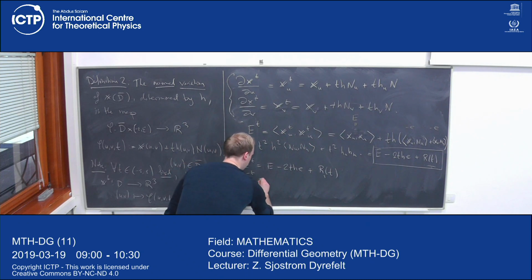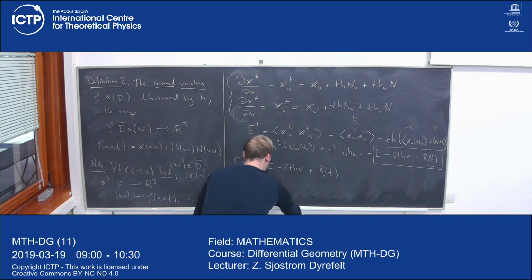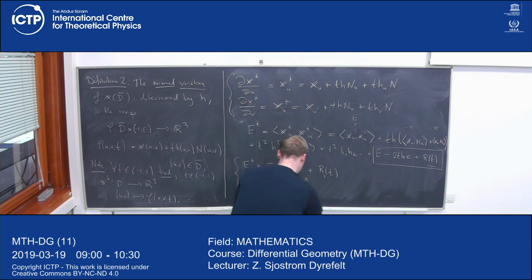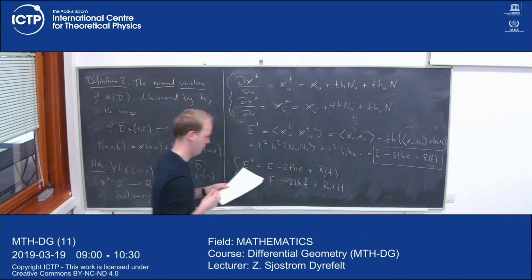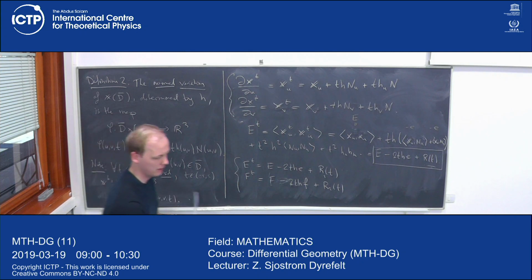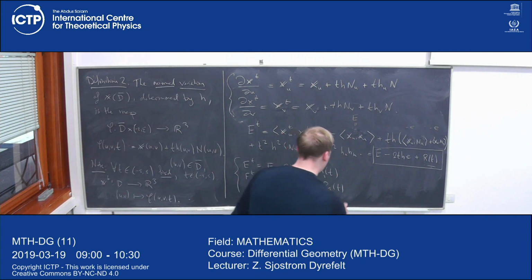Then you have Ft equal to F plus t h f, minus 2 t h f, plus R2 of t. Okay, so this is something very similar to this thing here.